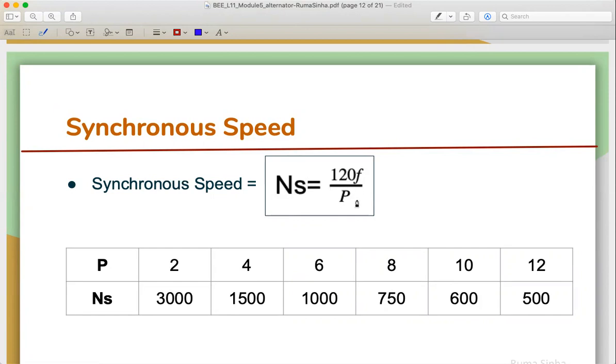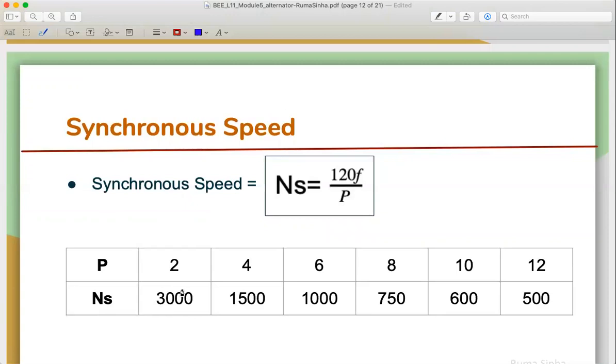So if I have a 2-pole system and I need a frequency of 50 Hertz, which is standard in the Indian system, the synchronous speed can be calculated as 120 into 50 by 2, which is 3000 RPM.